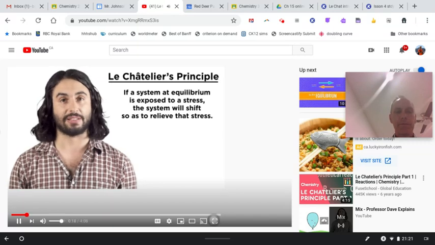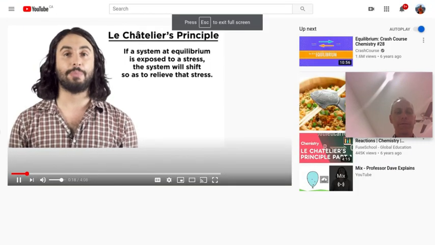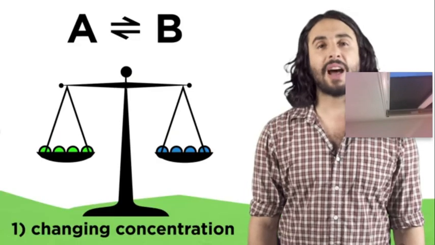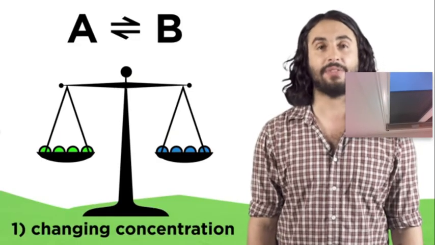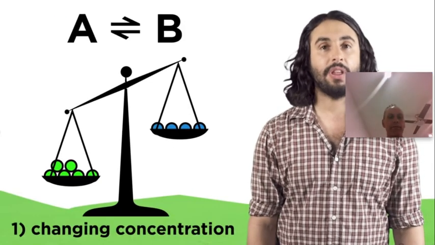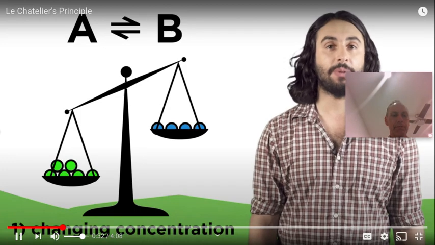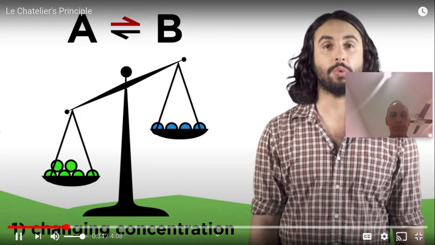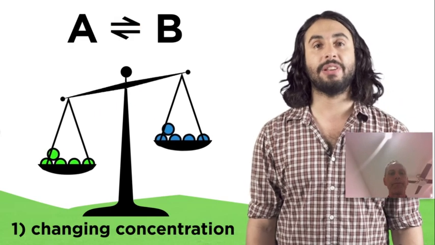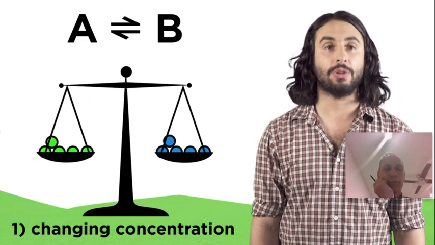Relieve that stress. So let's see some examples of a stress we could put on a system at equilibrium. First, we could modify the concentration of any of the compounds. Let's say we add some of this reactant. That will unbalance the equilibrium, and the forward reaction will speed up to use up some of the additional reactants, turn them into products, and restore equilibrium.